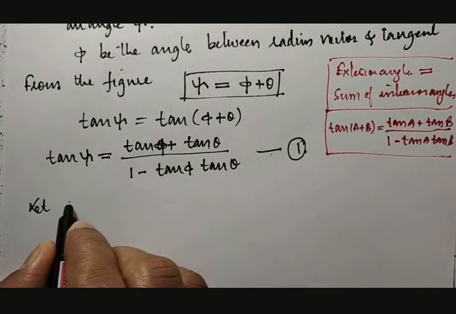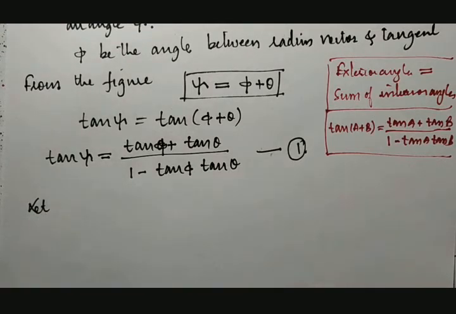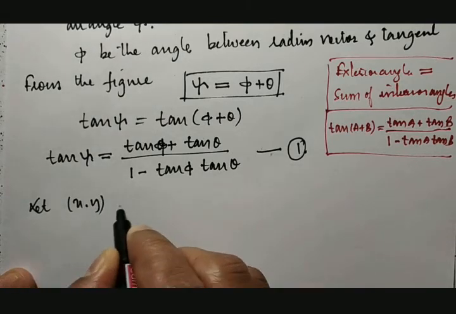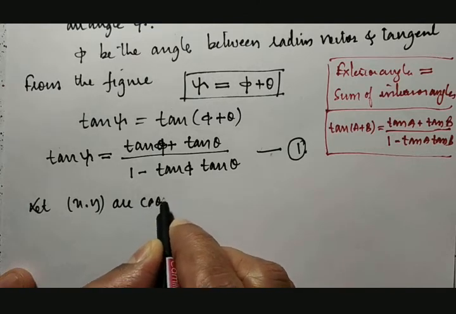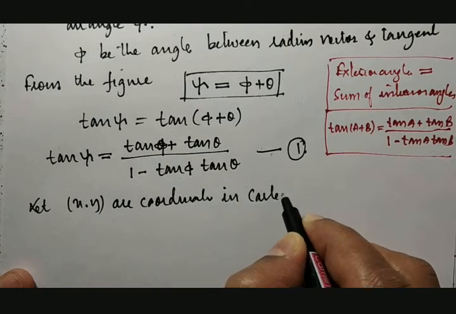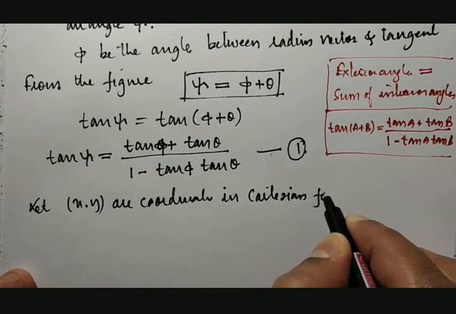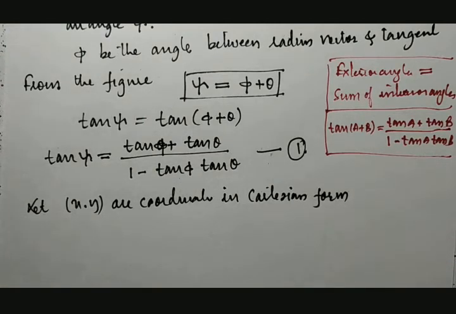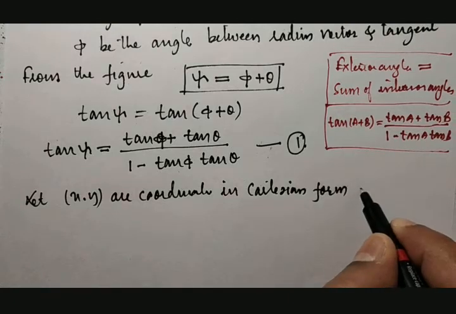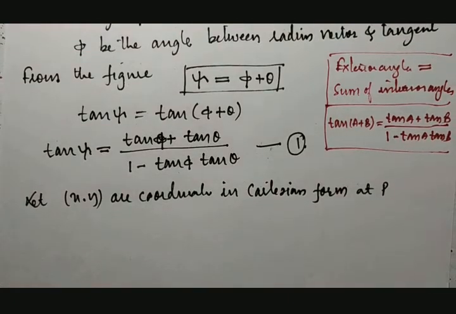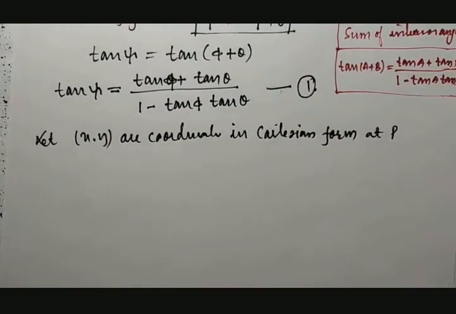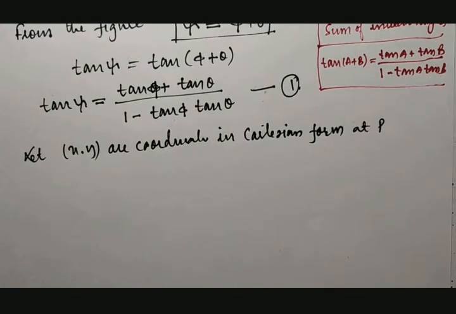Let us take a coordinate point where x and y are coordinates in Cartesian form at a point P. Already we discussed this in a previous class. So what we will be getting?